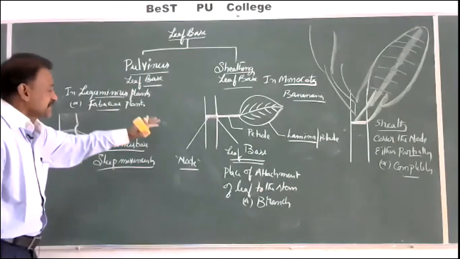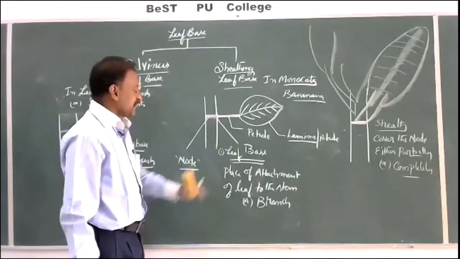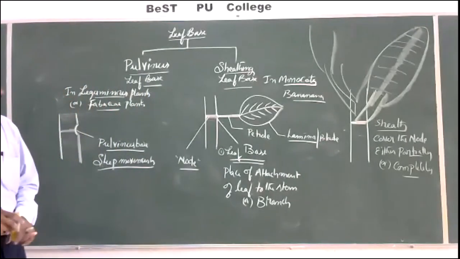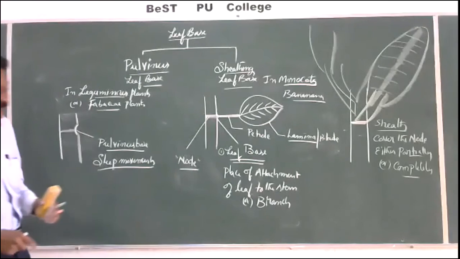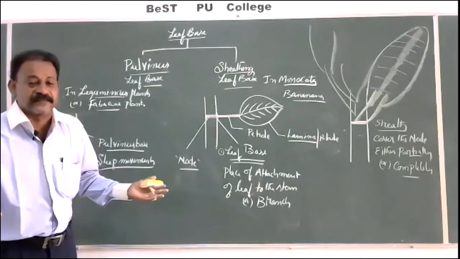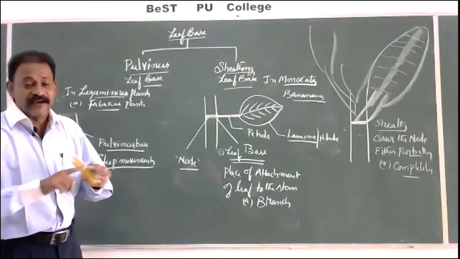So base, first part, place of attachment. Here some additional structures are present. They may be present or they may not be present in some leaves. In some leaves they are present, in some leaves they may not be found.